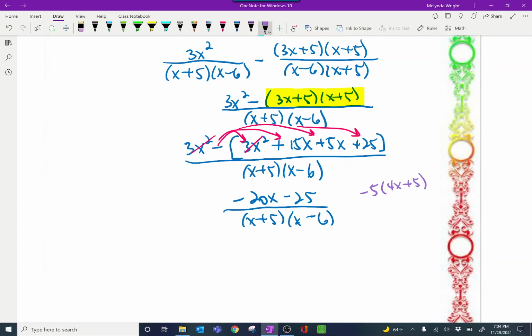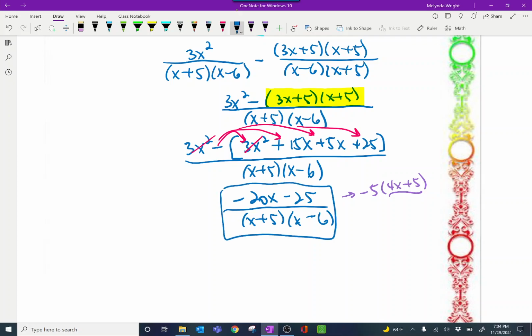So this would factor to be that. I don't have a 4x plus 5 down here, right? So it doesn't do me any good to factor like that. I mean, yes, I should check it out, but there's nothing further I can do, so I might as well just leave it like this.